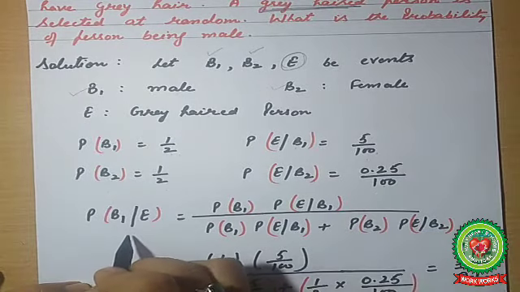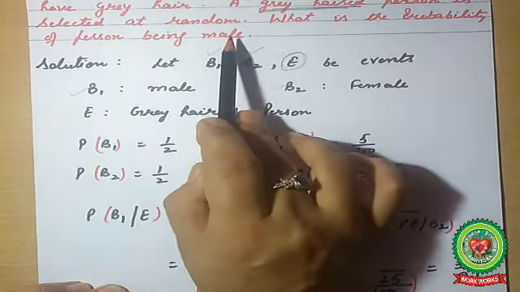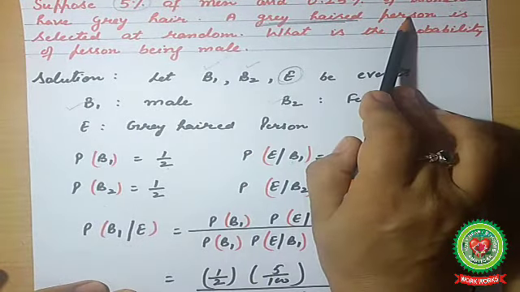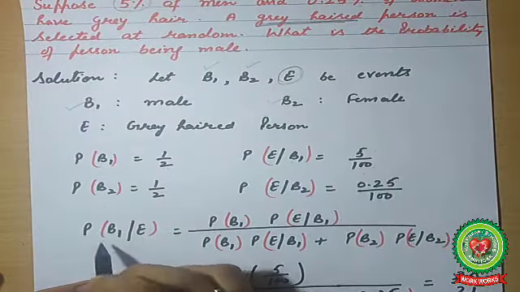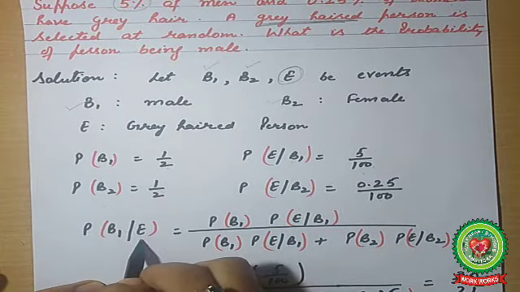Now we will apply the Bayes theorem here because we have to find the probability of a person being male, but we have already selected a grey-haired person. It means male with the condition of grey hair.